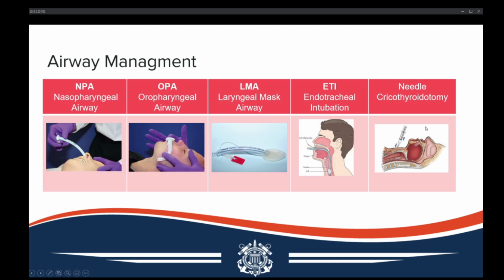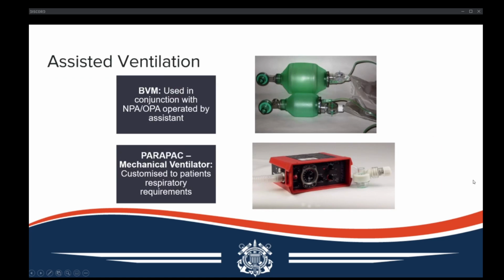Okay, so to pair with your new airway management on your patient, you need to work out whether they need assisted ventilation.